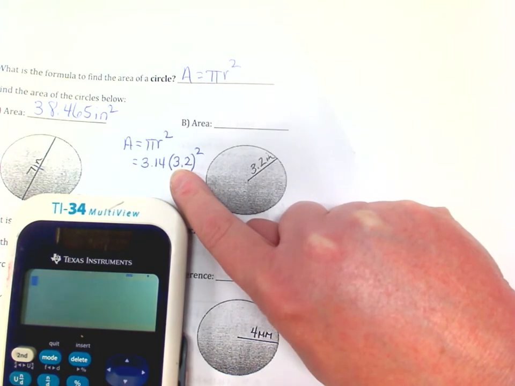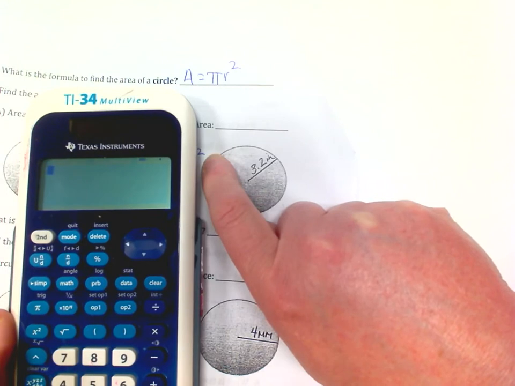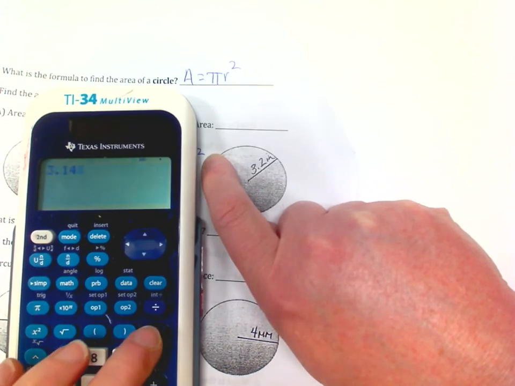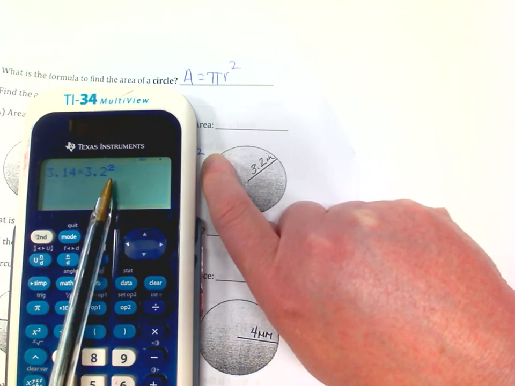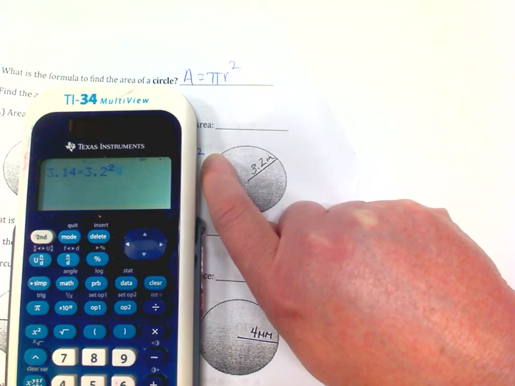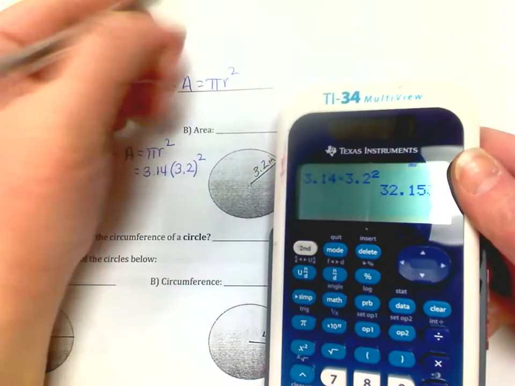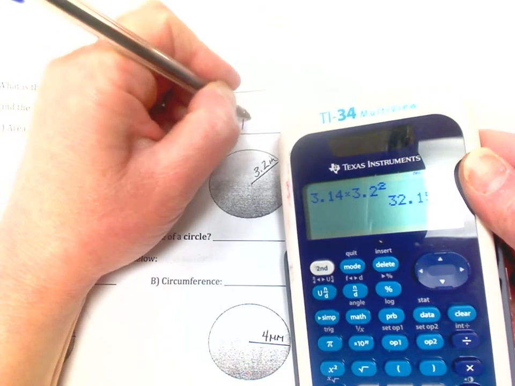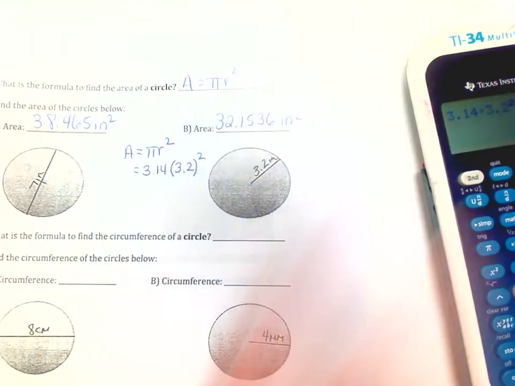Or if you're using the TI-34 MultiView, you could put 3.14 times 3.2, and there's that little x squared button. You can put that. You'll notice in the display it'll show that it's squared the 3.2, and then just put equals, and that's our answer: 32.1536 square inches.